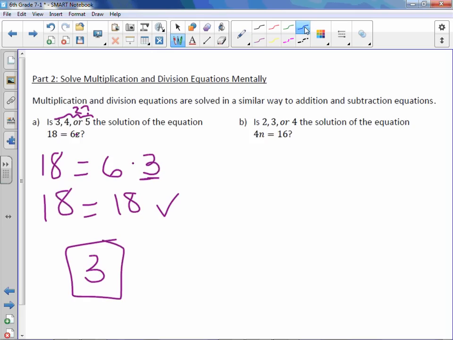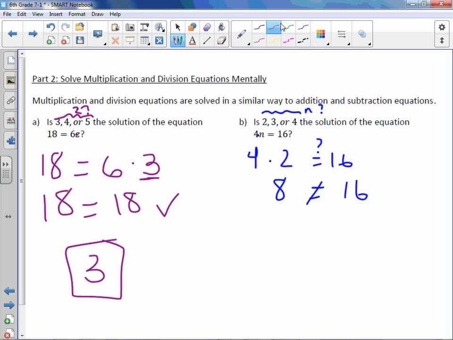Letter B. Is 2, 3, or 4 a solution to the equation 4n equals 16? Remember, that's multiplication. So let's plug them in. 4 times 2 equals 16. Well, 4 times 2 is 8, and that does not equal 16.